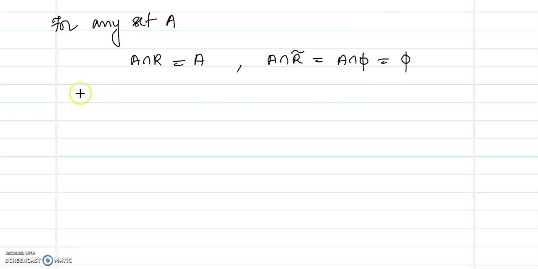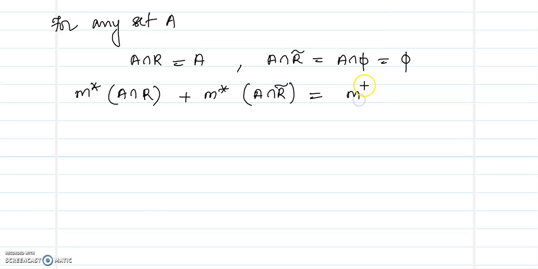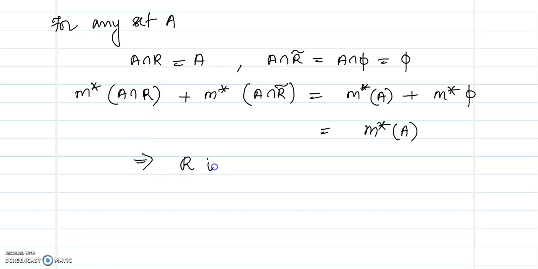So m star of A intersection R plus m star of A intersection R complement will be m star of A plus m star phi, and m star phi is 0. So that will be equal to m star A. That implies R is also measurable. So the empty set and the set of real numbers are measurable.